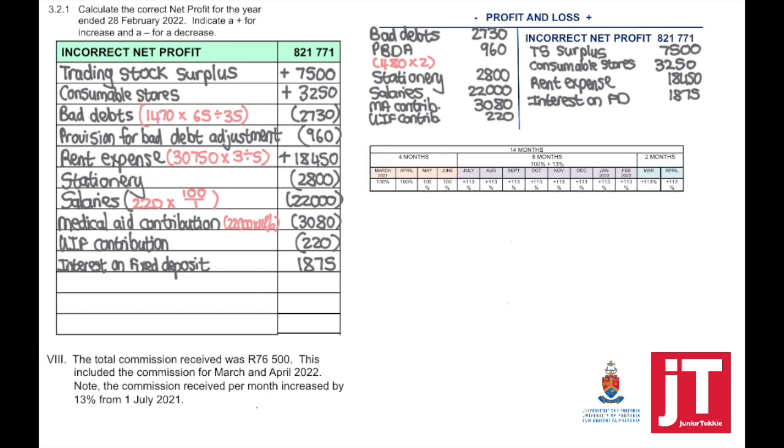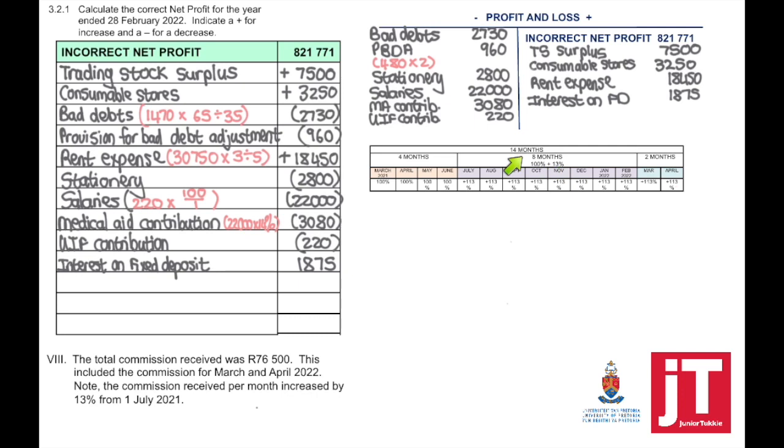The total commission received was 76,500. This included the commission for March and April, which is 2 months outside of our accounting period. Note, the commission received per month increased by 13% from the 1st of July 2021.